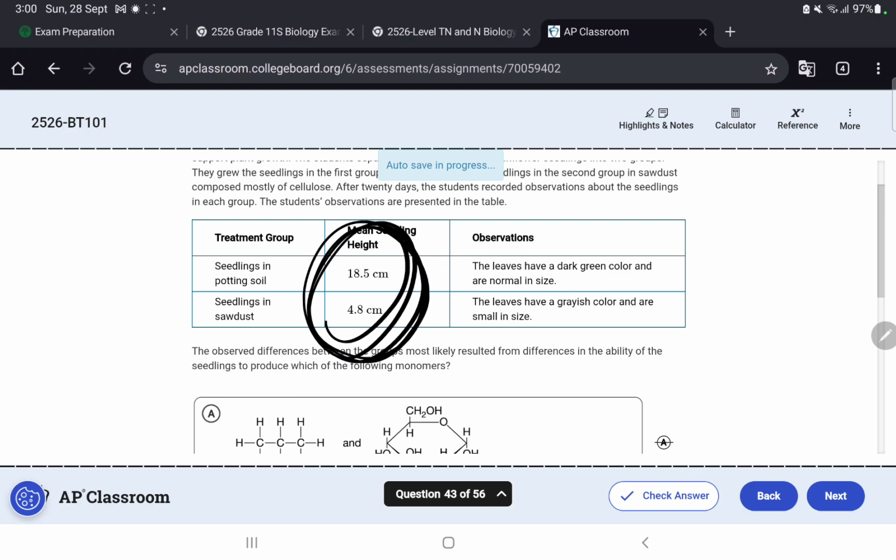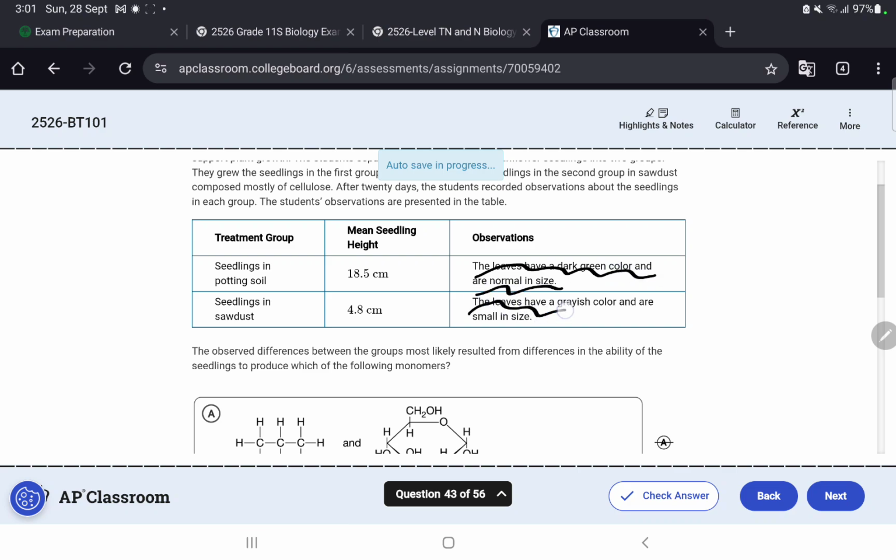The seedling height in potting soil is 18.5, but the seedling height in sawdust is 4.8. That means sawdust is missing something that soil has. And as you can see here, the leaves have a dark green color and are normal in size, but the leaves have a grayish color and are small in size in sawdust. So sawdust is definitely missing something that soil has.